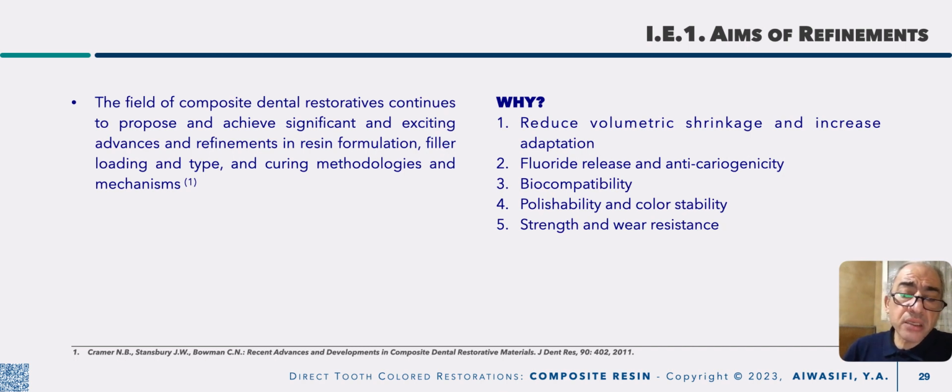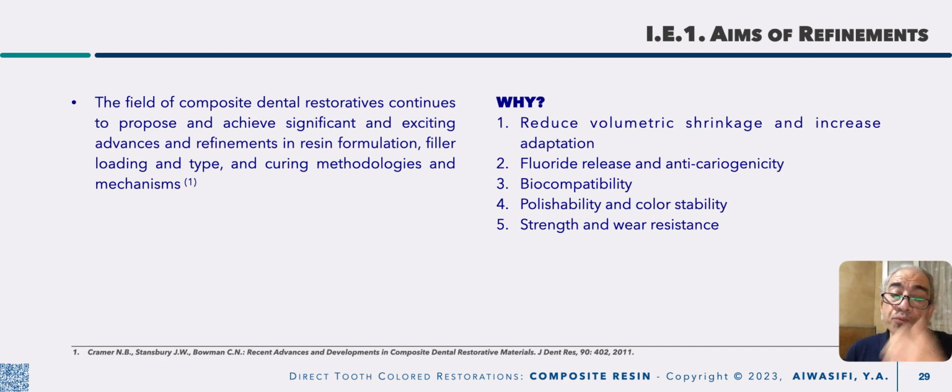Also, we would like the material to be anti-cariogenic, because if we have a gap, and you will have a gap, we are trying to counteract any effect of recurrent caries by adding a fluoride-releasing property to the material.